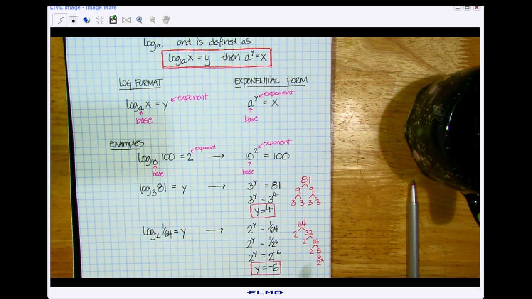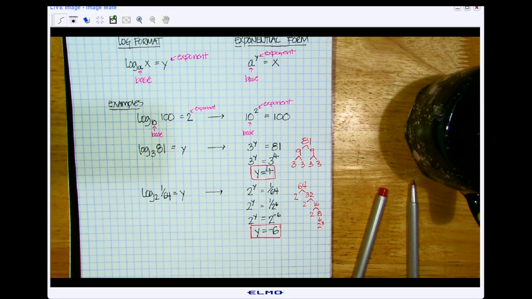So my y value is negative 6. So far, so good?